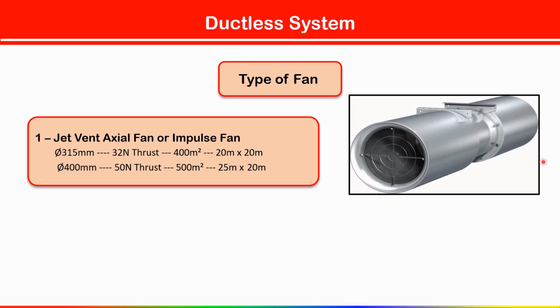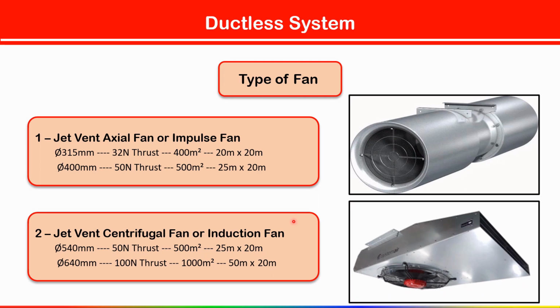And how much area can this fan cover? A 32 Newton thrust fan can cover 400 square meter area. Now if you are using this axial fan of 50 Newton thrust, how much area will it cover? 500 square meter area, and the diameter of that fan is 400 mm. So this is about the jet vent axial fan or impulse fan.